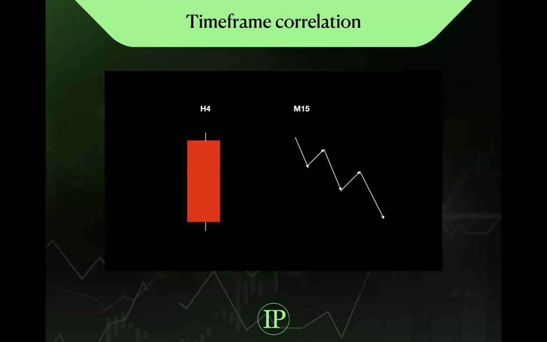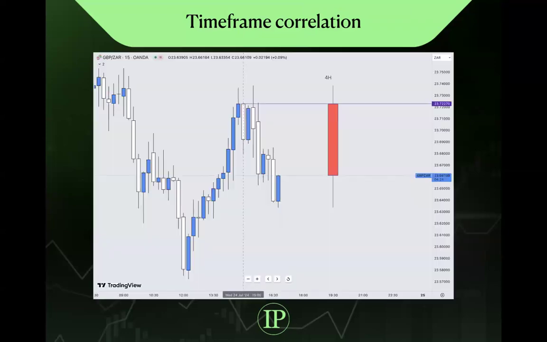If we're looking at a 4-hour bearish candle, the same applies. As that 4-hour bearish candle opens, forms, and closes, we then see on the 15-minute time frame that the market trended to the downside. There was a bearish trend occurring that formed that 4-hour candle.